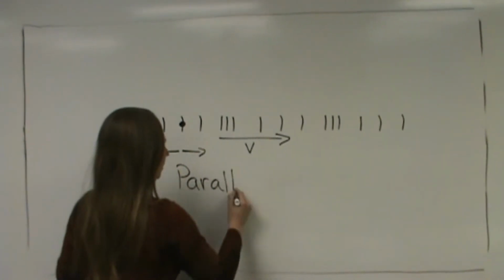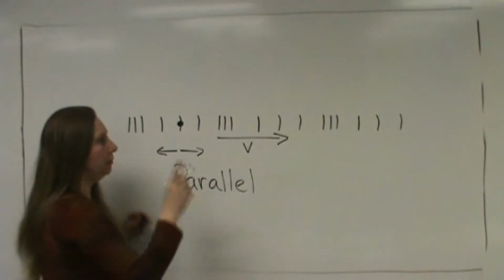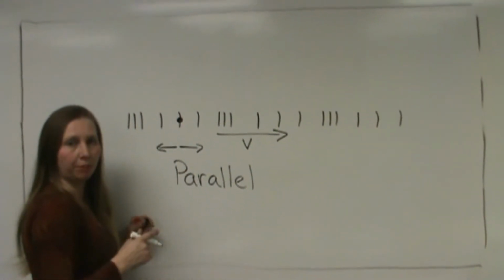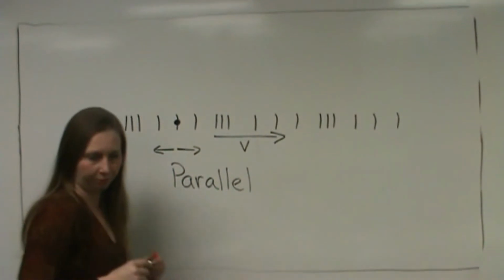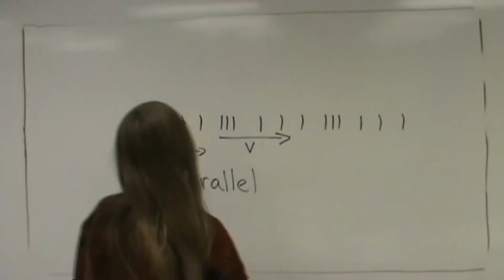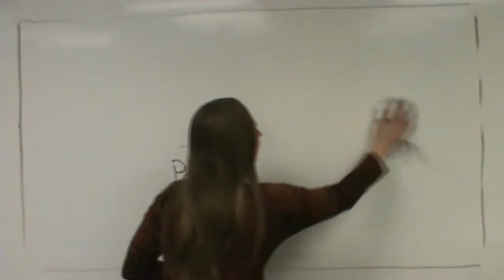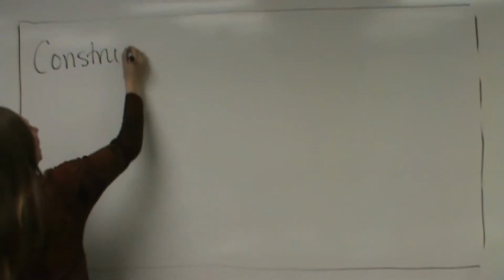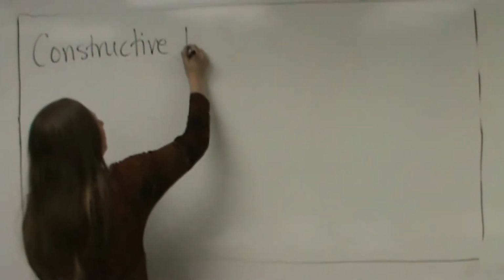Now, the last thing that I'd like to talk about in this section is basic interference. You have constructive interference, and constructive interference would occur when crest meets crest or when trough meets trough.